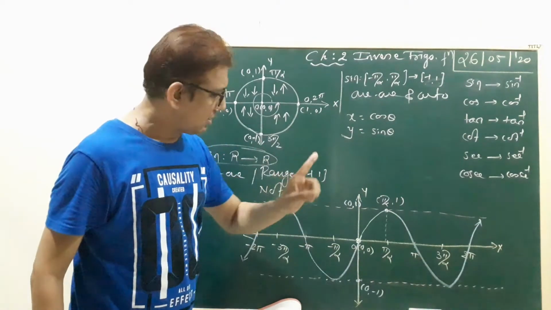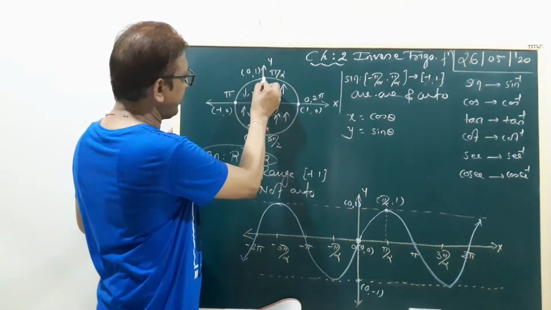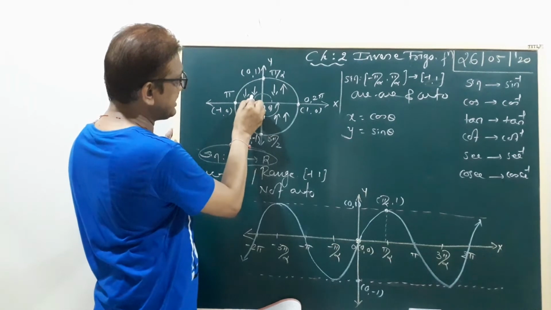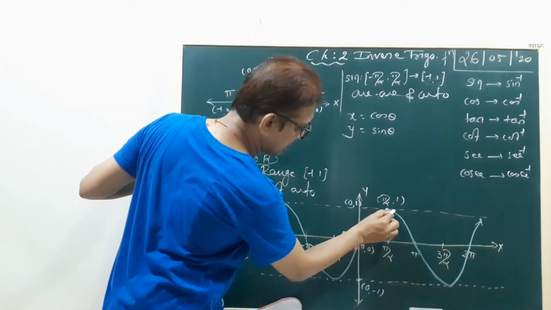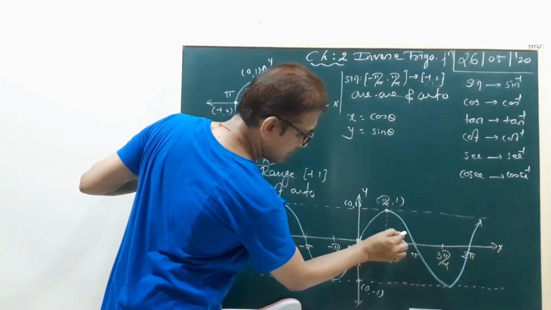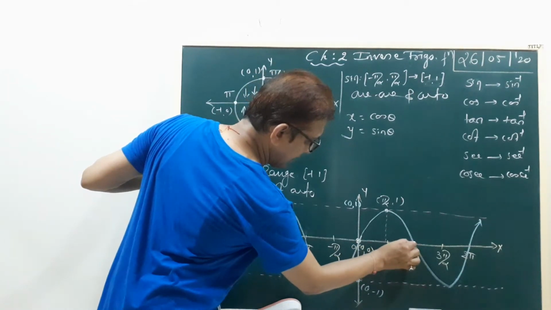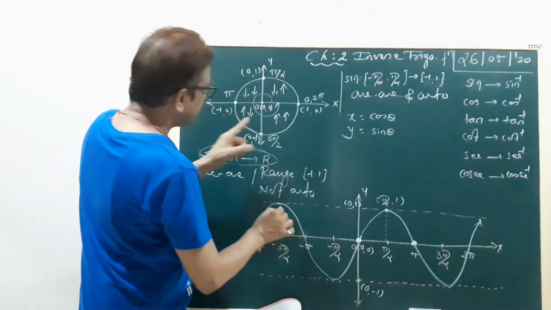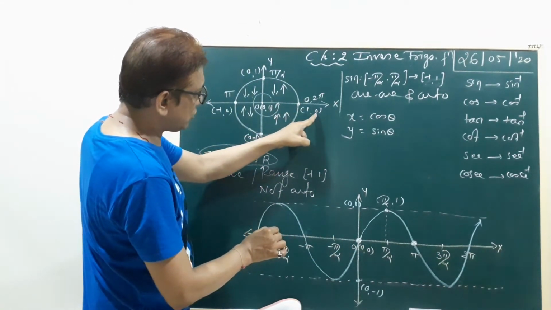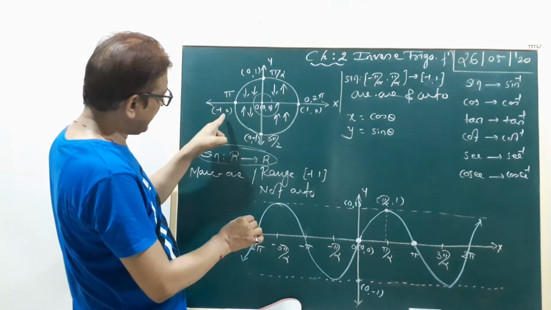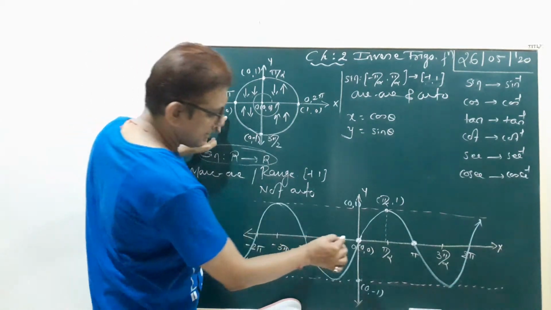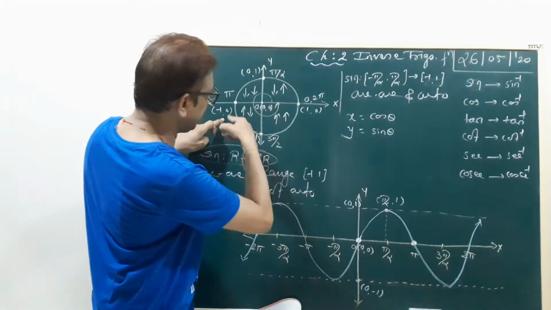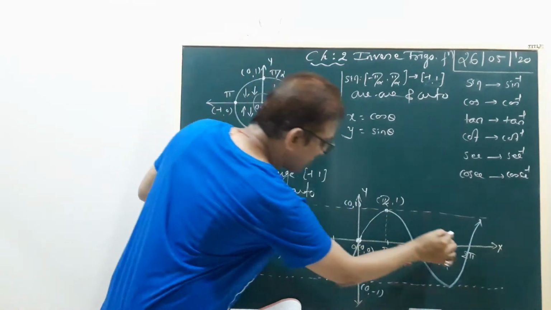Is that clear? Okay. Now the second quadrant, pi by 2 to pi. Sine is a decreasing function here. Here the first point is sine pi, whose value is 0. Sine pi is 0, and continuing, sine 2 pi equals 0.